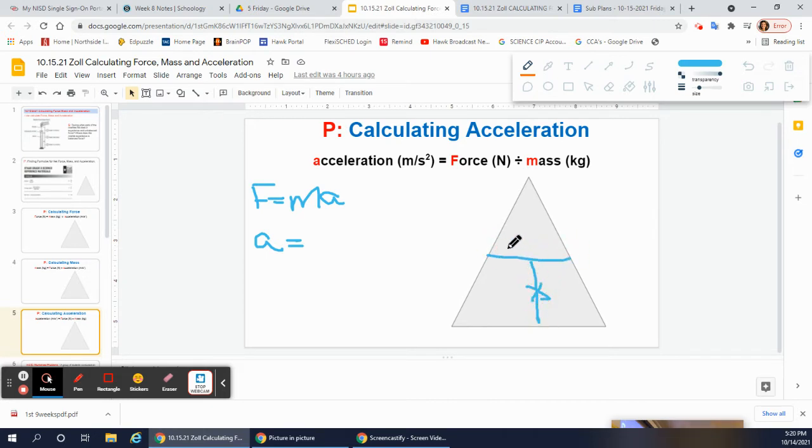Multiplication goes across, division goes up and down. Let's get this formula inside here: mass times acceleration, force up top. You want to cover up the variable for acceleration, and you have force divided by mass.